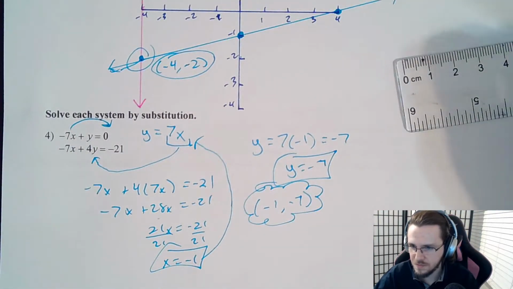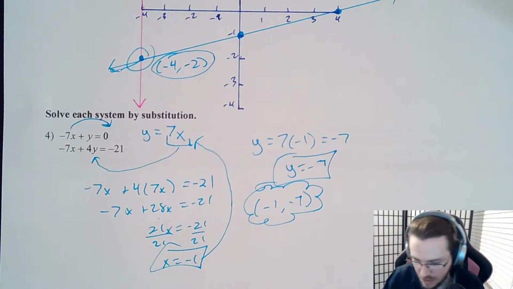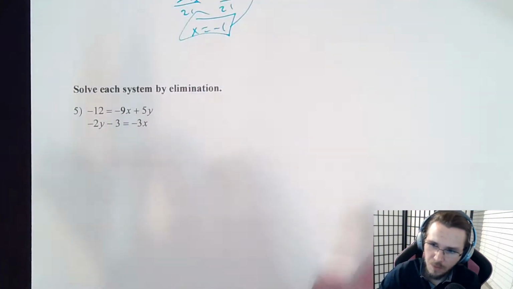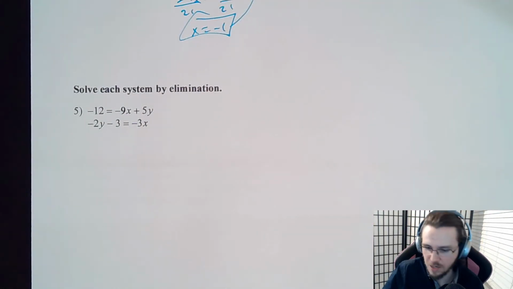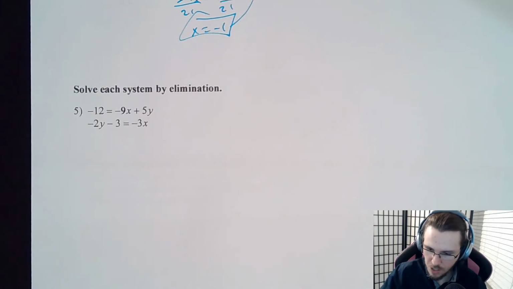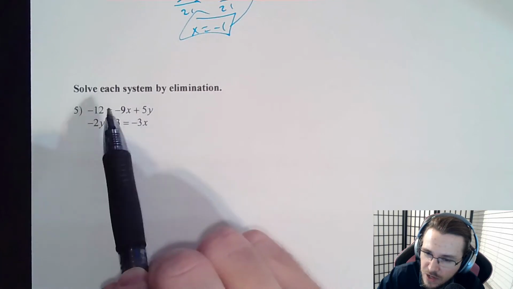Here we go. Solve each system by elimination. Elimination is when you have to do quite a few things. We're going to have to line everything up: line the x's up, line the y's up, line the constants up. After we've lined everything up, we have to multiply by a number of some kind so that we can eliminate a variable. This one is kind of already lined up for us: negative 9x plus 5y equals negative 12.